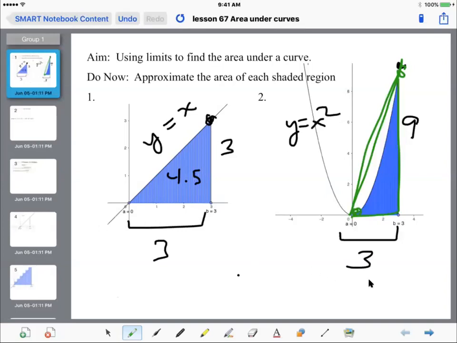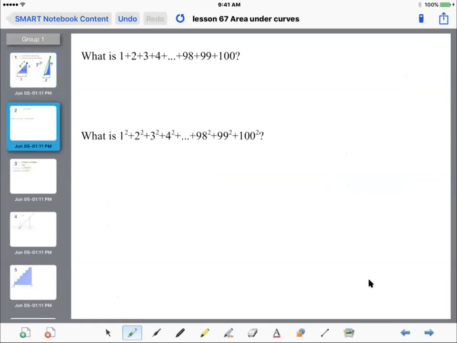Okay. Well, that is a question that we will find the answer to, not only to that question, what's the exact area of the triangular region on the right, but other questions related to it. And someone asked about Fermat's method.